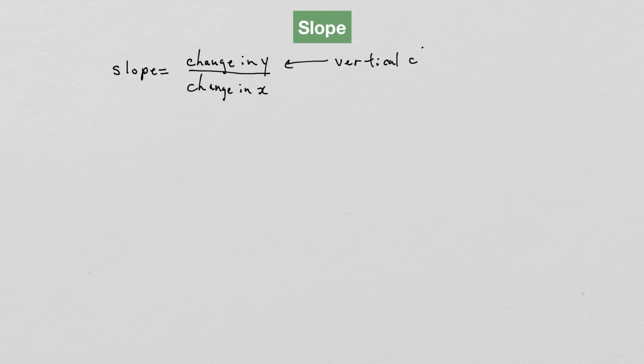So in other words, if we were to define this mathematically, slope is equal to the change in y over the change in x, where this is the vertical change in y, and the change in x is the horizontal change.